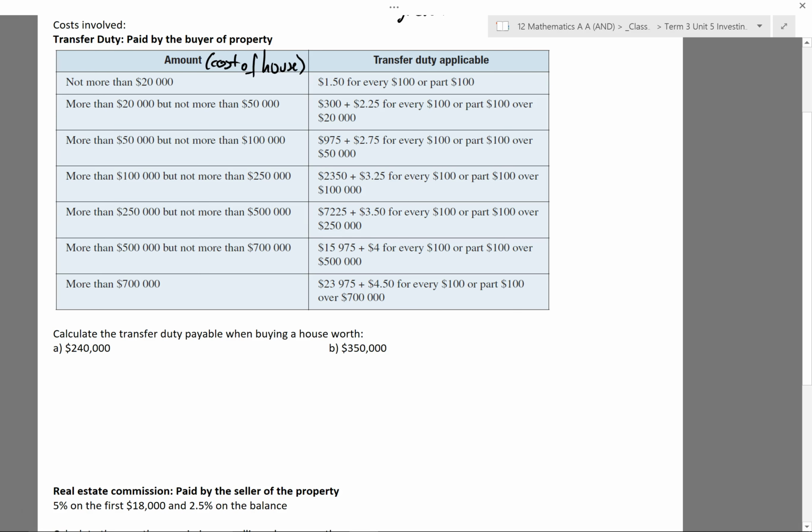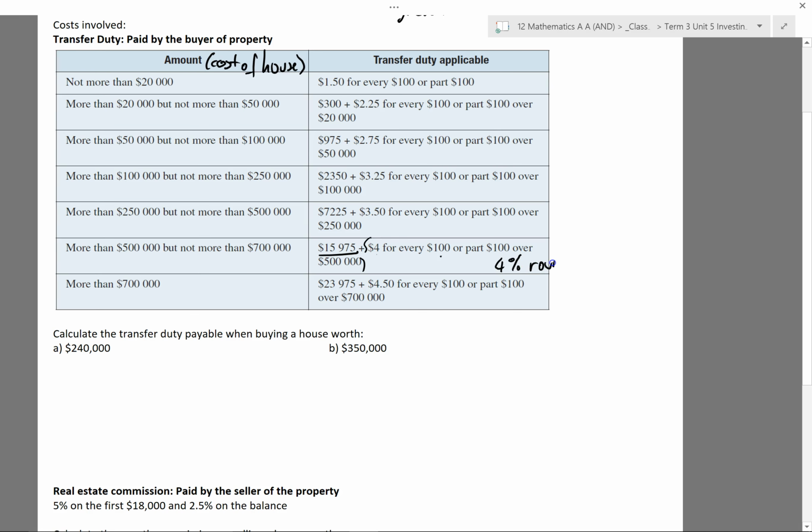And this is how the transfer duty is calculated. If I take one of these, for example, if it's between 500,000 and 700,000, you'll pay this much, plus $4 for every $100 or part of $100. So this part here really means 4%.